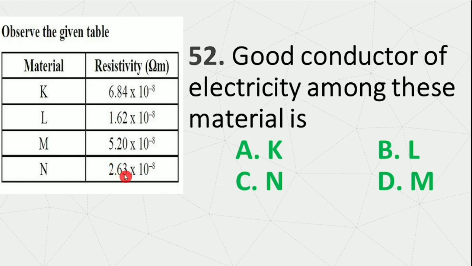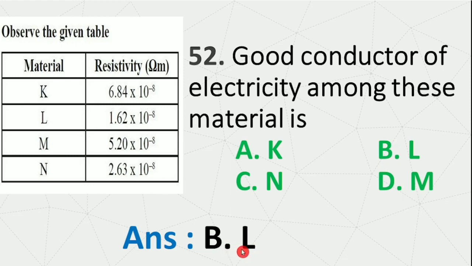Which has the least resistivity? L. The material having less resistivity conducts more current. That means it is a good conductor of electricity. So the material which has less resistivity is a good conductor of electricity. So option B is L. L is the correct answer. So option B is the answer.